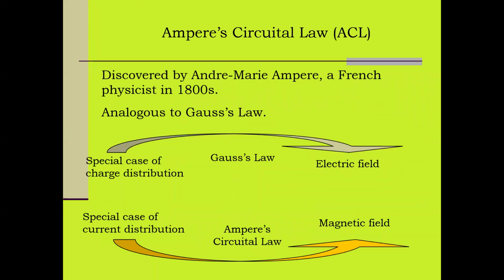Right, so this is a comparison with the Gauss Law, which we have learned in electric field topics before, the electrostatic field. So basically, ACL is analogous to Gauss Law. If you look at the screen, you can see that in the previous electrostatic field study, we learned that the Gauss Law can be applied in calculating the electric field intensity for the case of special charge distribution.